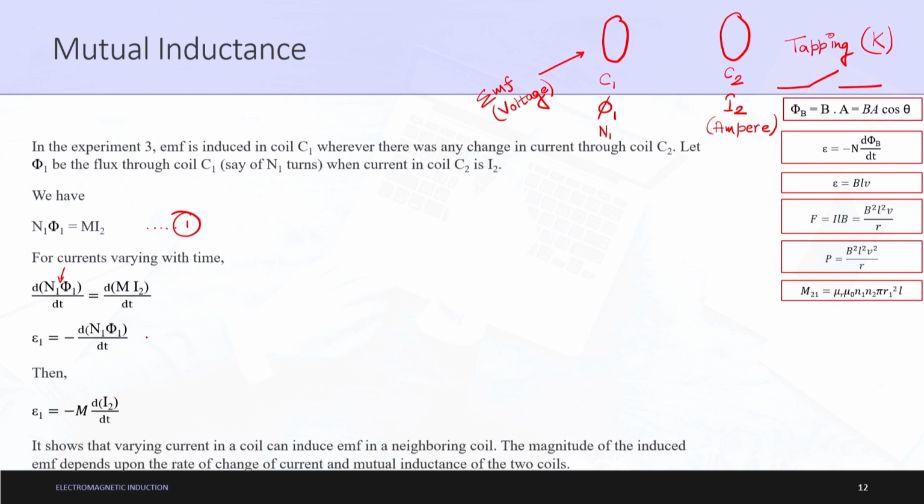We already know this concept from Faraday's law of induction. Therefore epsilon 1 is nothing but minus M dI2 by dt. The negative sign is put on the right hand side, so it becomes minus d by dt of M I2.